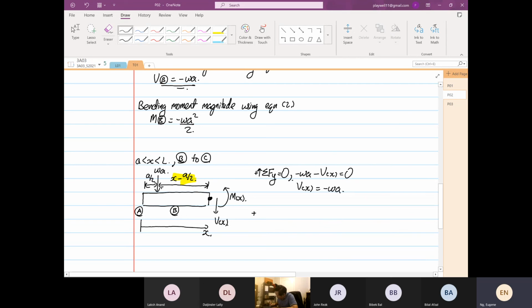Then you take moment again, summation of moment about the variable X location, the whole thing is equal to 0.